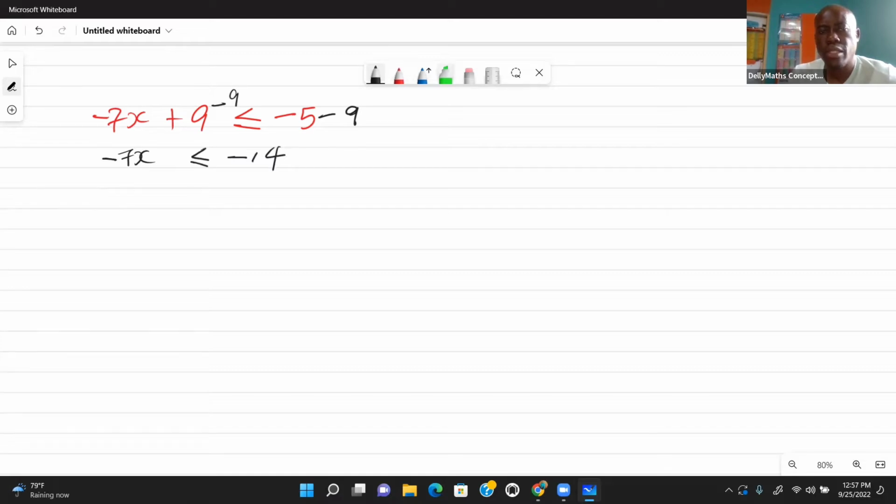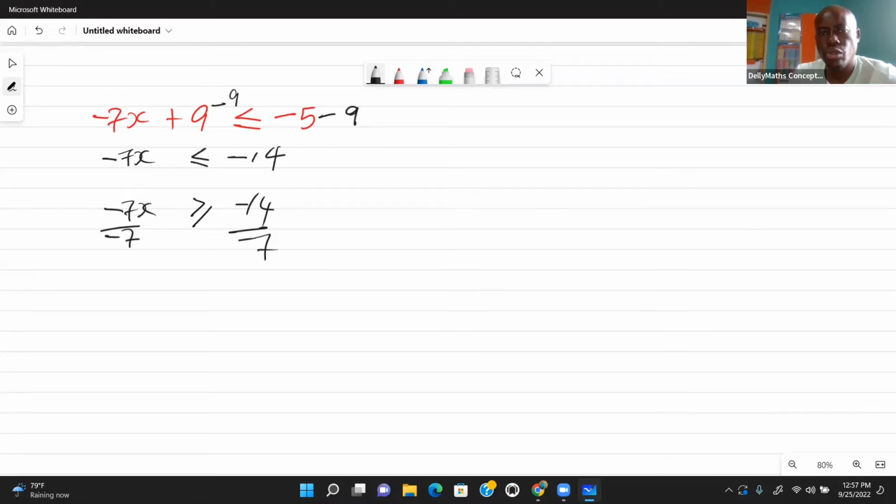At this moment, I do realize that I'm about to divide by negative 7. So I'm just going to rewrite this, and because I know I'm going to divide by negative 7, I'm going to turn my sign around already. So now I divide by negative 7 on both sides.